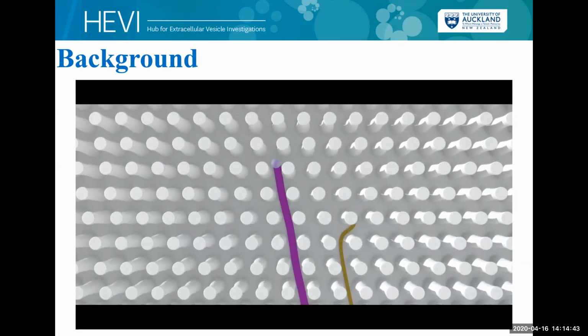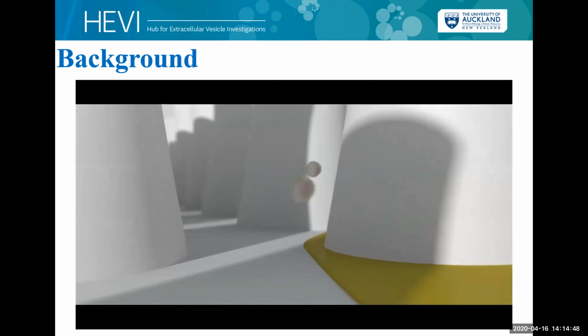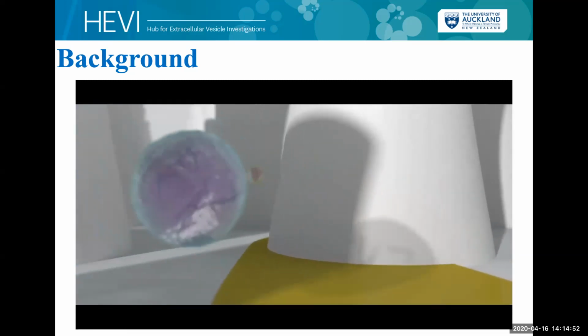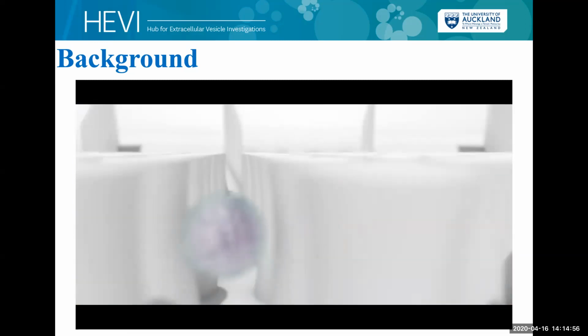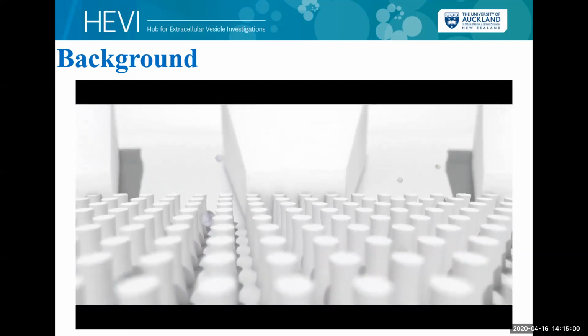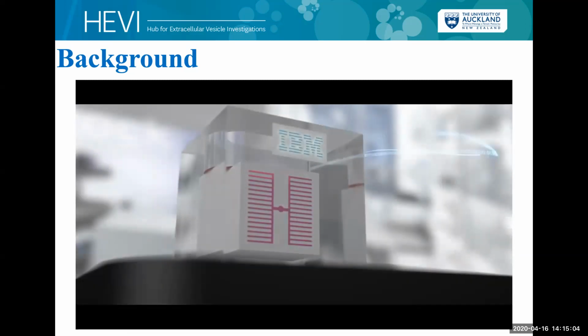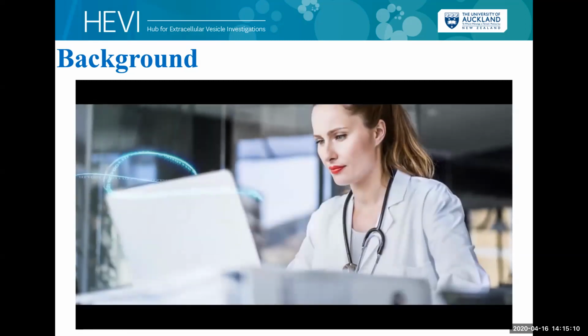Smaller particles can stay within a single fluid stream, zigzagging around pillars, while larger particles cannot fit within a single stream and are deflected, separating them from the smaller particles. Separated exosomes are collected and analyzed for biomarkers of diseases such as cancer. On-chip exosome separation opens the door for less invasive monitoring of early-stage disease and treatment efficacy.